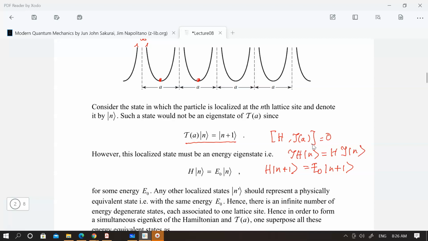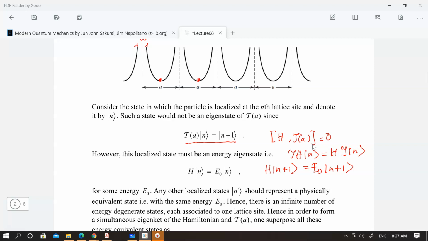And then you can see that this will give you E naught, and this will give you n plus 1. So in other words, the localized states will all have the same energy, or in other words, the energy eigenvalues are going to be degenerate, in the context of this infinite potential.